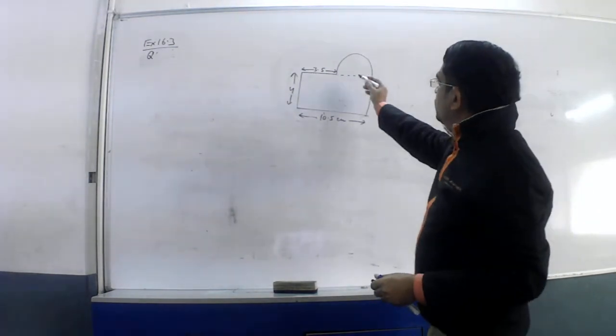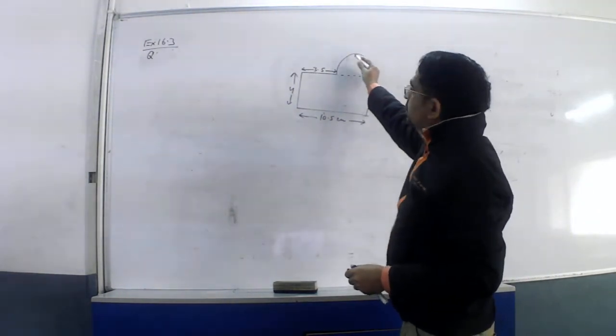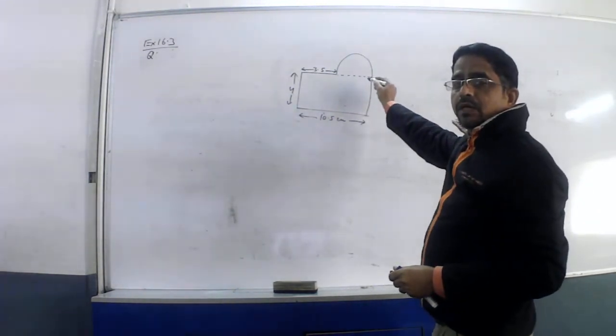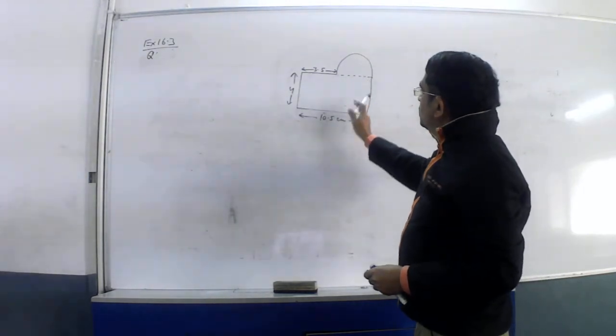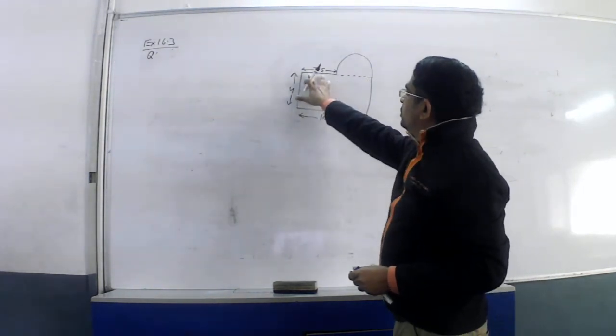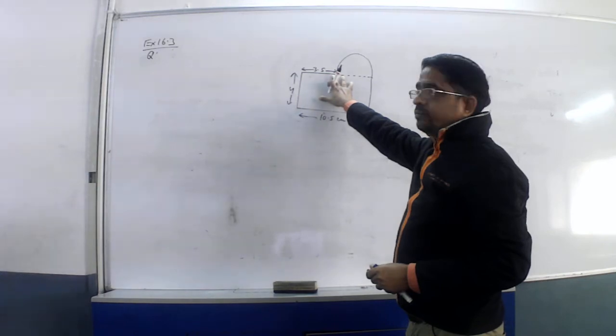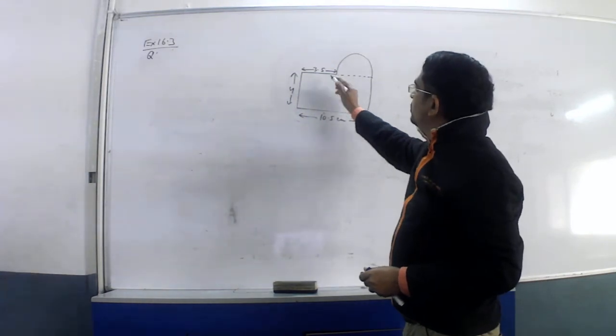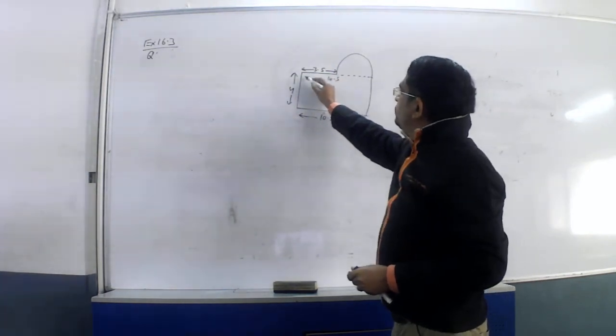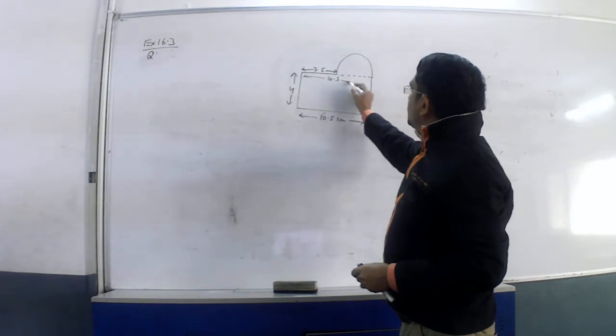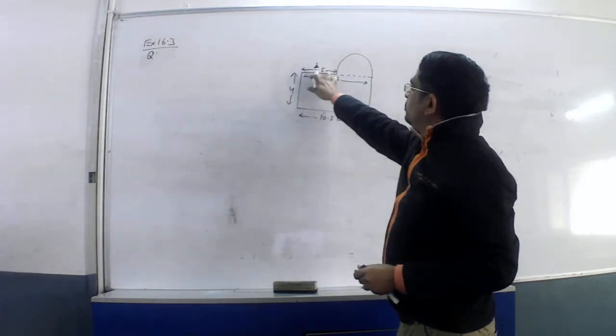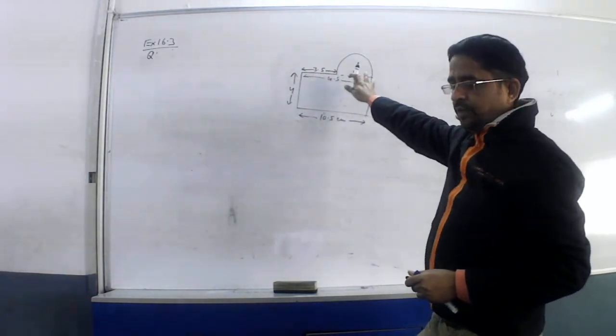So this remaining length, which is the diameter of the semicircle, you can calculate. This is 10.5, so the opposite side of the rectangle will be the same, 10.5. And out of 10.5, this is 3.5, so the remaining length is the diameter.